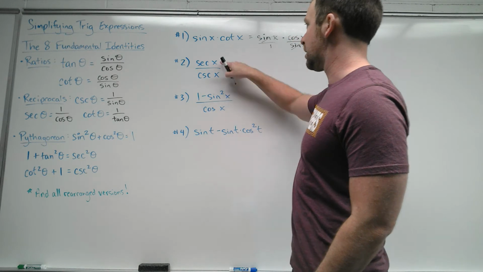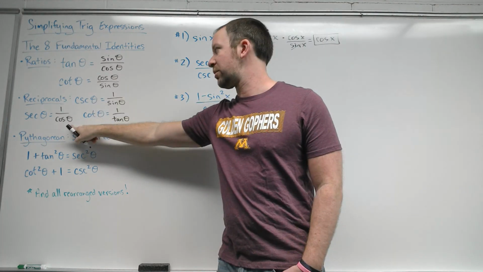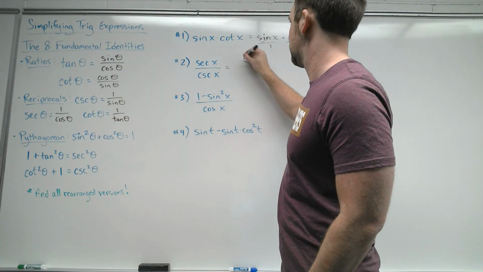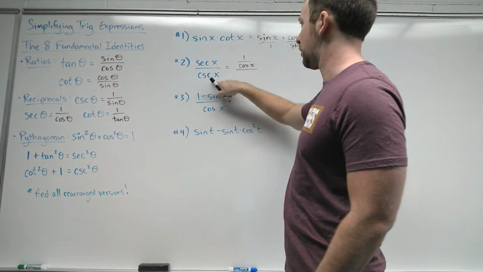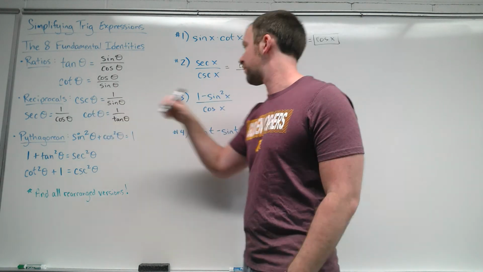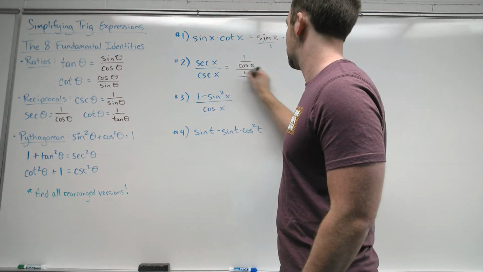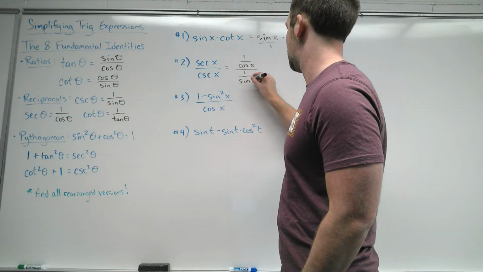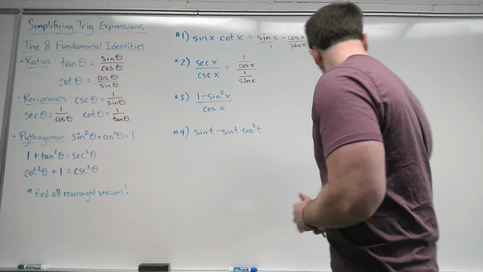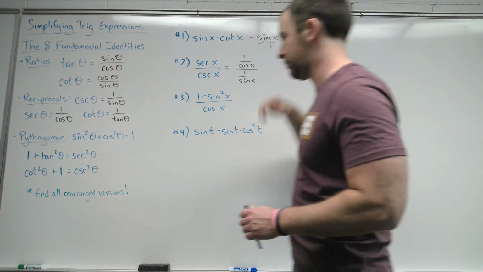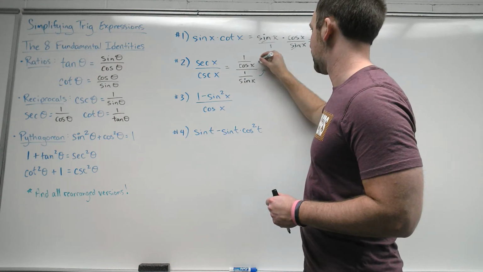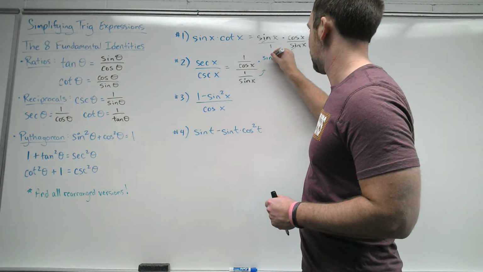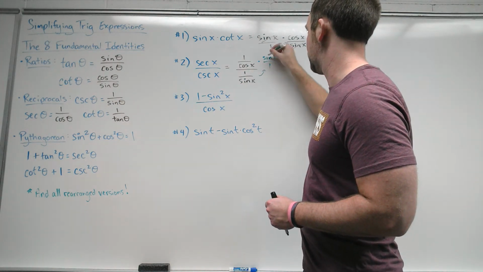Okay, so secant is 1 over cosine. And cosecant is 1 over sine. When we are dividing 2 fractions, we again realize that's the same thing as multiplying by the reciprocal.